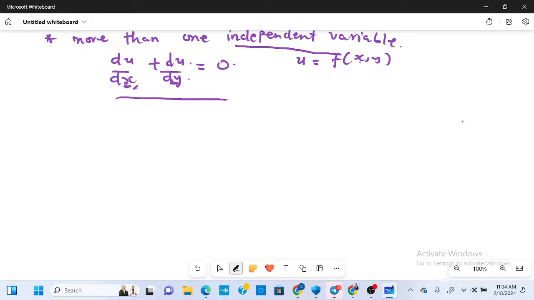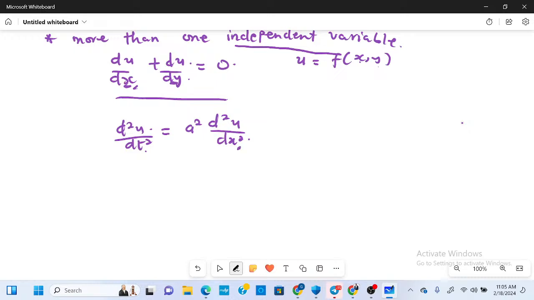We can have another example of a partial differential equation: d squared u over dt squared is equal to a squared times d squared u over dx squared. So you can see that we have a higher derivative of the function u with respect to t equal to a squared multiplying the higher derivative of the same function u with respect to x.